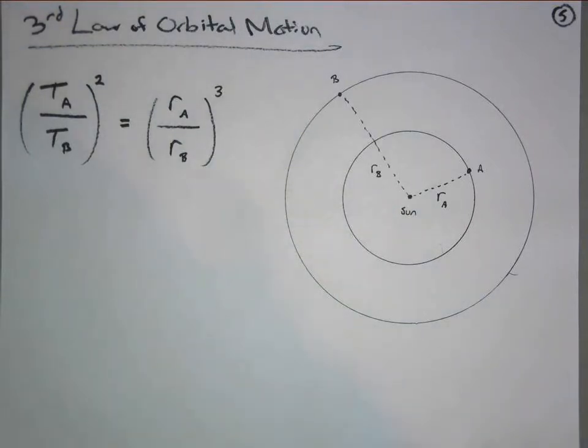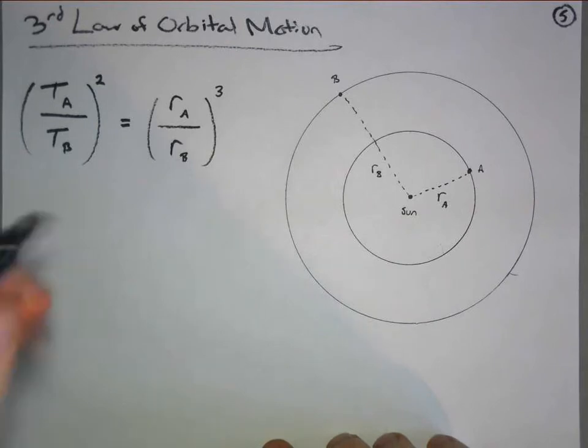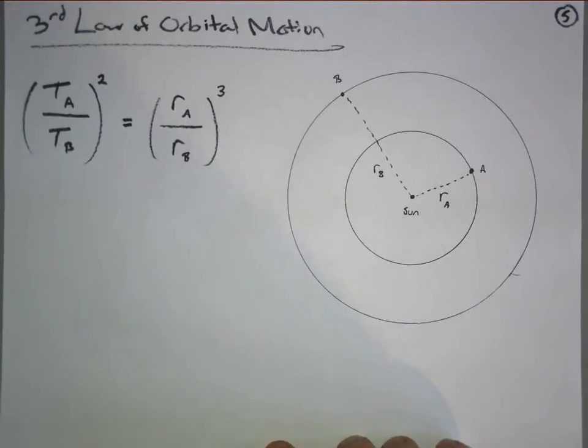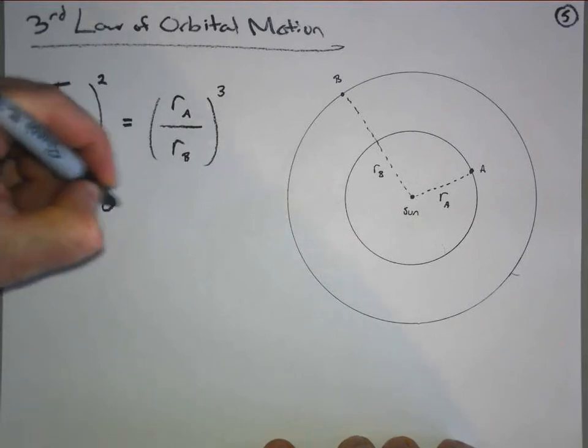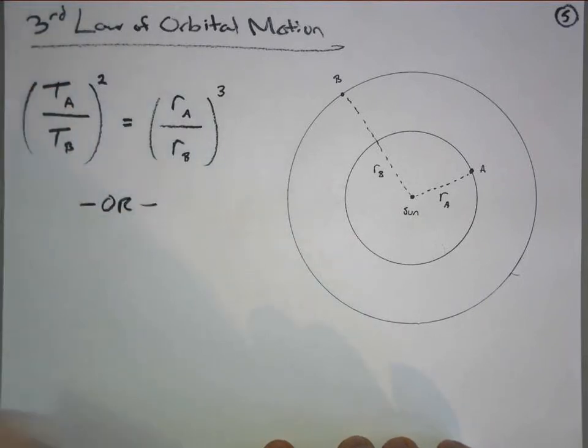Now, there's another way I want to show you, because it's going to come back to us. We're going to kind of hate to use the phrase "come full circle" here, but there you go. Another way of looking at this, and I'm not going to get into the math why this works. If you don't want to compare any two planets, you just want to look at a single planet.